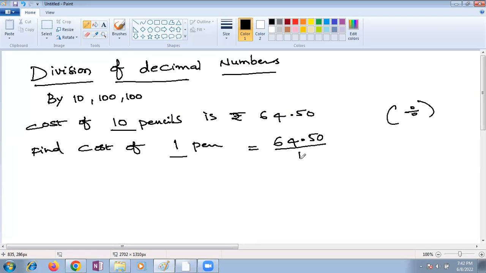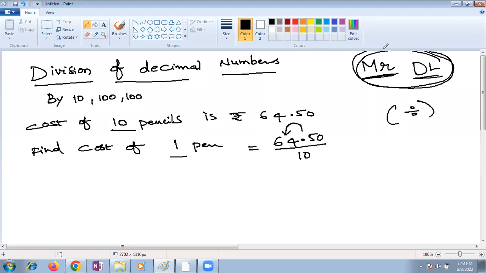64.50 divided by 10. Division means left side. That's why Mr. Deal: M means multiplication, right side. D means division, left side. So you need to remember this point, children.